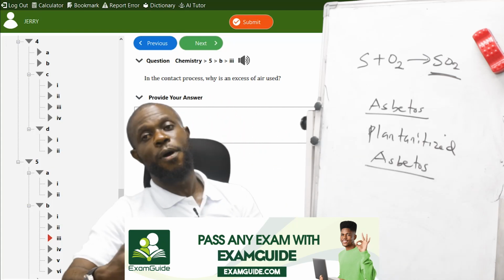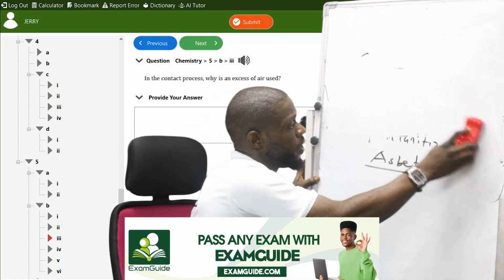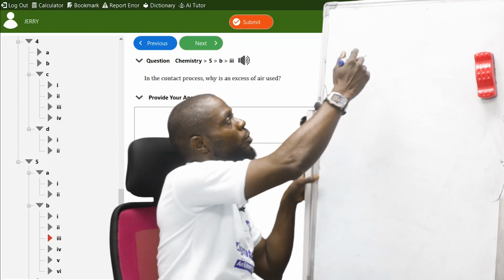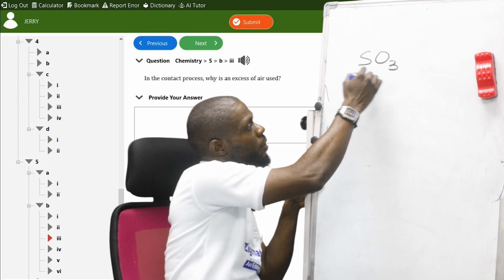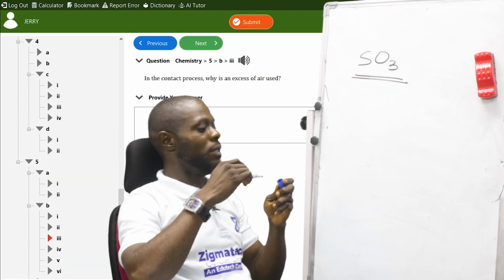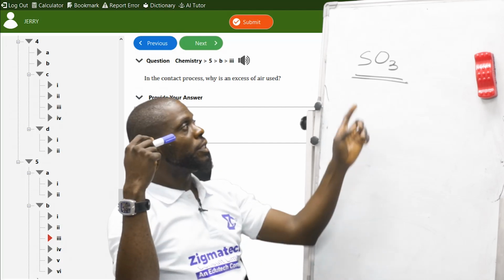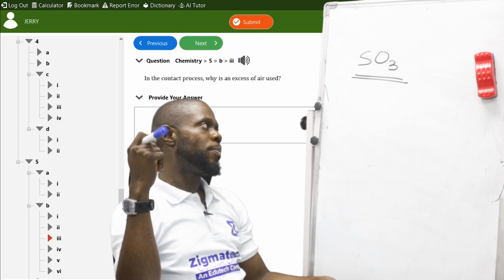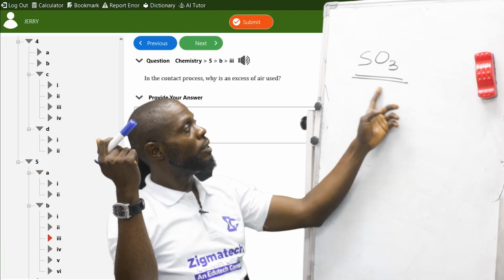It's just to favor the formation of more product, sulfur trioxide. This is the more product that is created due to the contact process.